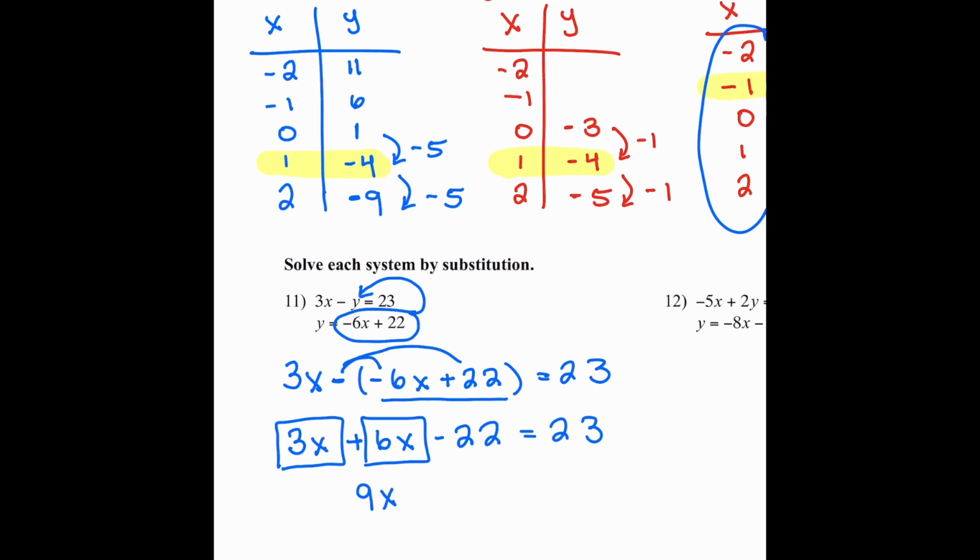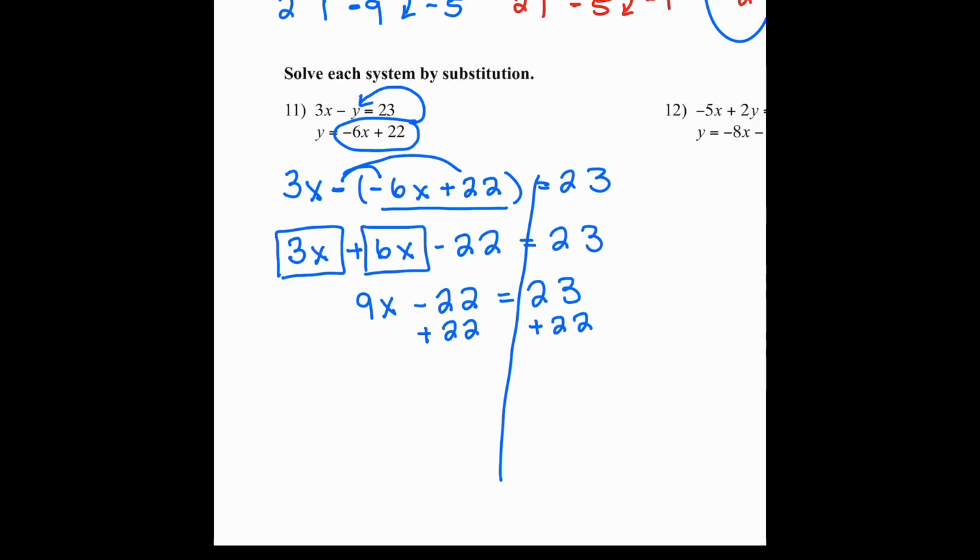So together they make 9x. I'm going to add 22 to both sides. And then divide by 9. And I will get x is equal to 5.